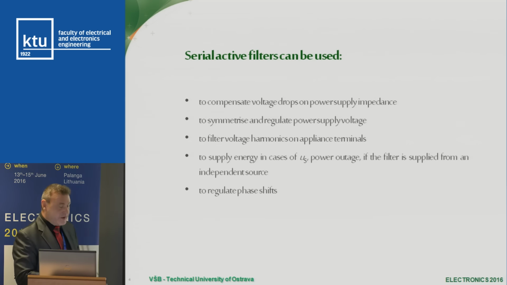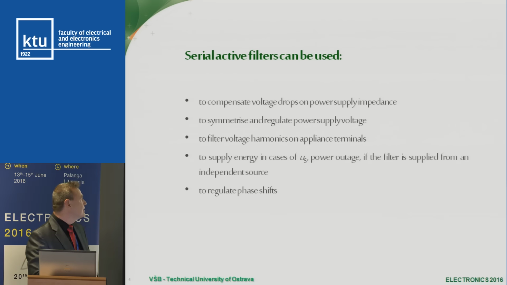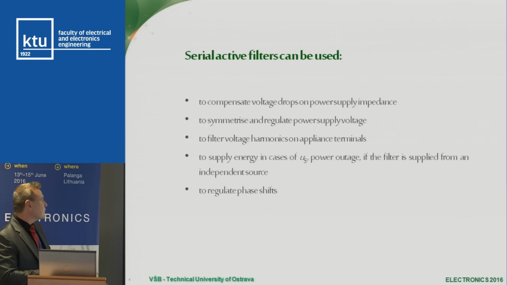In the other picture we see where the serial active power filter can be used. We can compensate the voltage drops from the power supply impedance. We symmetrize and regulate the power supply voltage, filter harmonics.